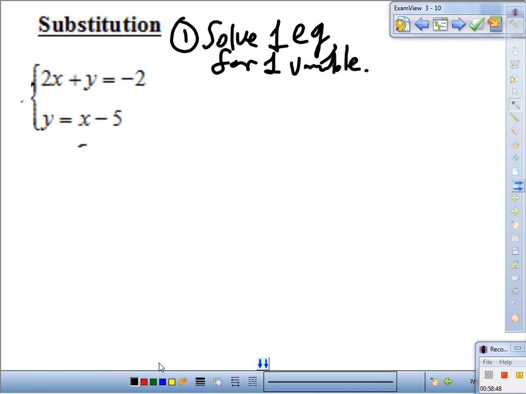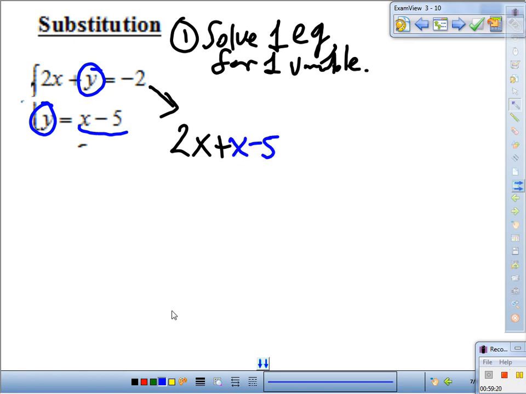So let's see. What is y here? x minus 5. So on the first equation, instead of writing y, what am I going to write? x minus 5. So watch. I'm going to write 2x plus, and instead of y, I'm going to write x minus 5, and then equal to -2.